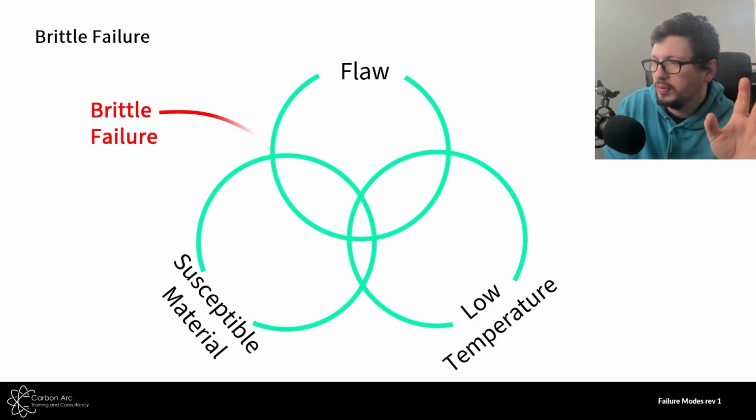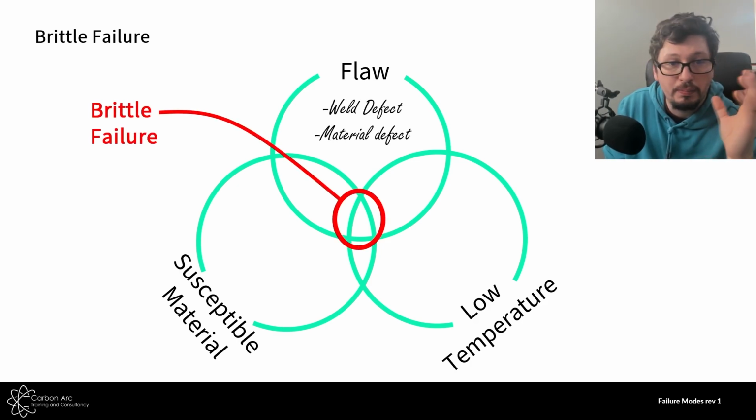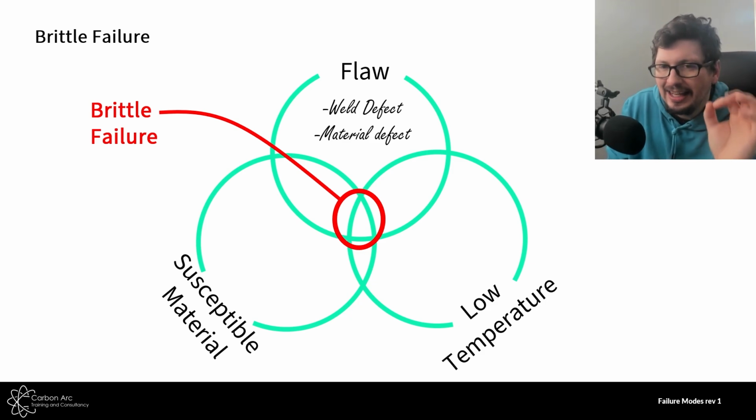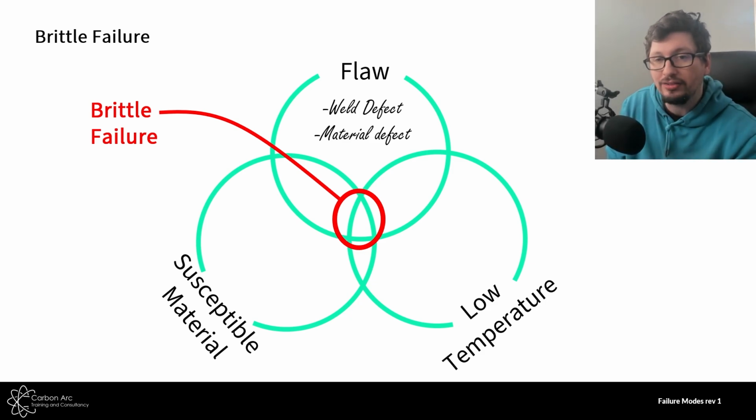Okay, now we could look at a flaw being a welding defect or a material defect. It could be weld geometry, you know, the toe of a weld, a bit of slag inclusion, or maybe a non-metallic inclusion within the base material. There's lots of anything that's going to give rise to a stress concentrator within our structure is our flaw.